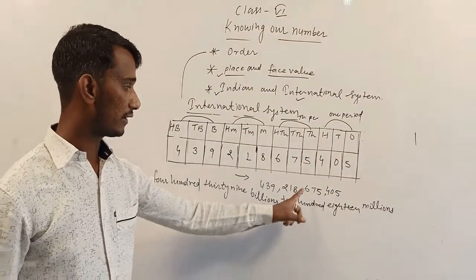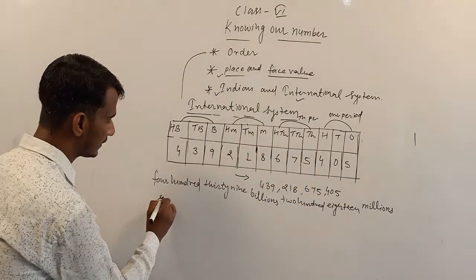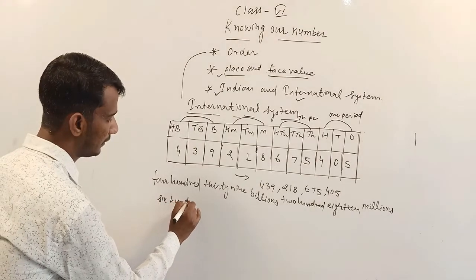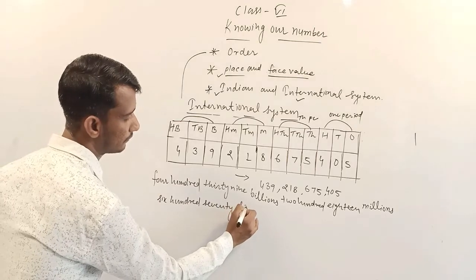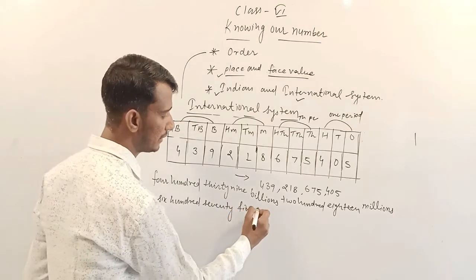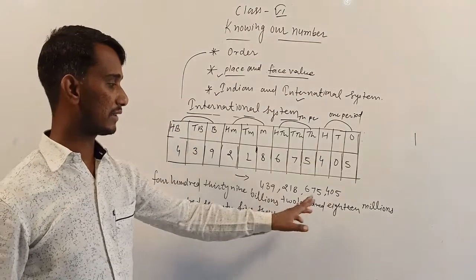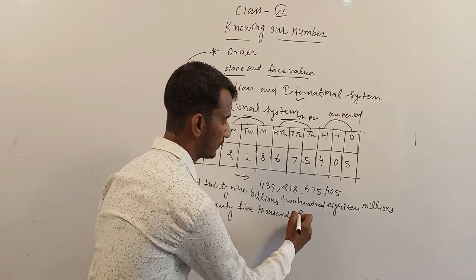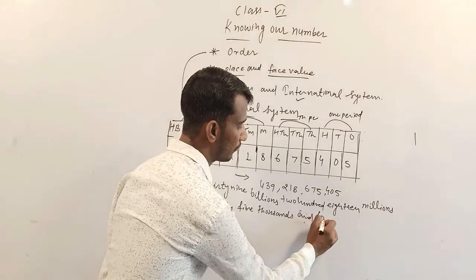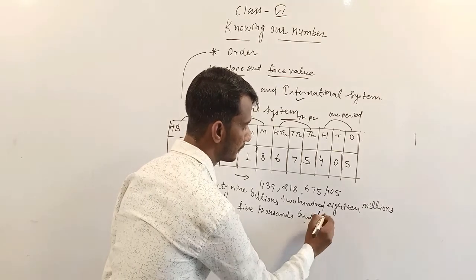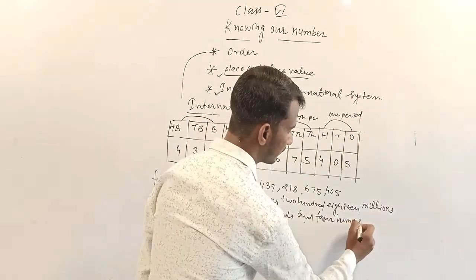Next is the thousands period, so we write 675 and then write thousands. And last we write 405.